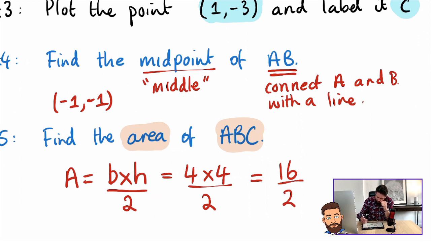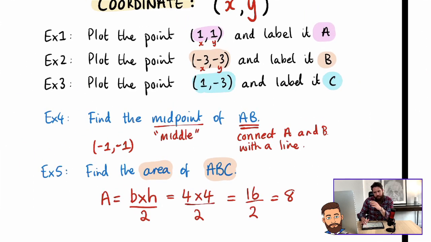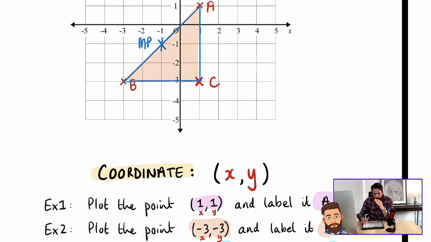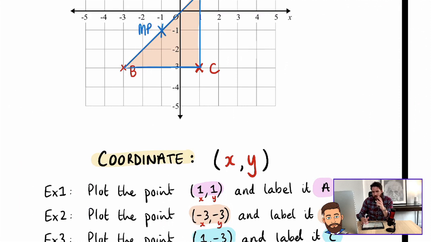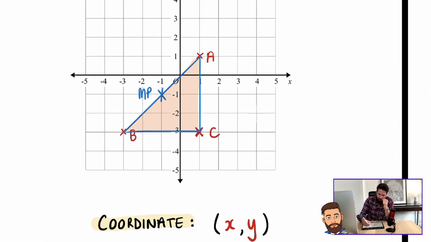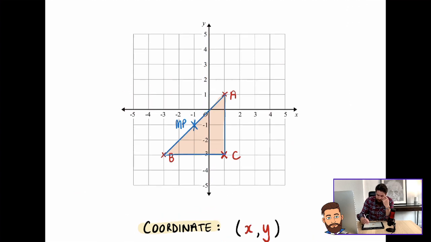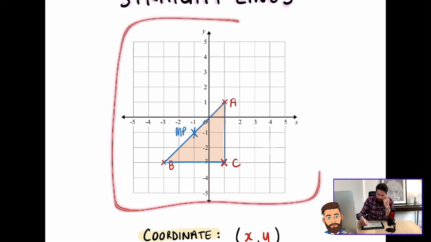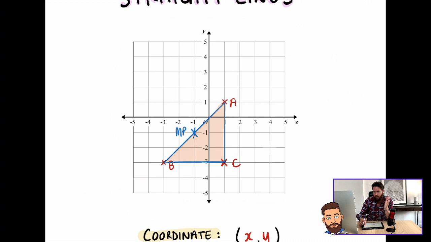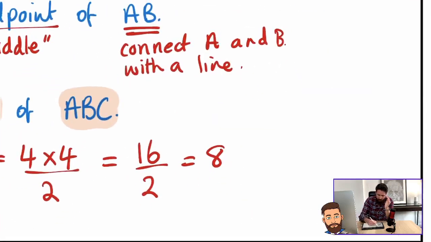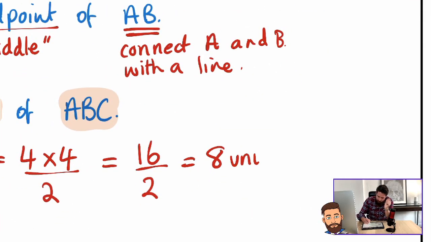So the area, now we can't just say 8. When we talk about area, we need centimetres squared, millimetres squared, metres squared. Well, what is a coordinate? A coordinate doesn't have centimetres or millimetres. This doesn't tell us what this grid represents. So if you don't know what the grid represents, you can simply say this is 8 units squared.